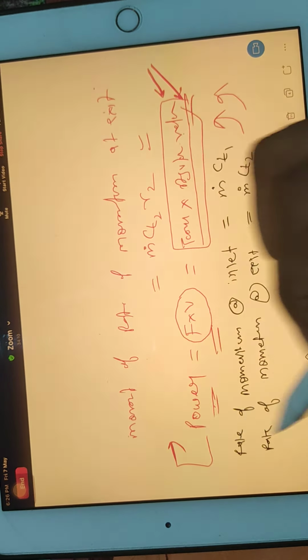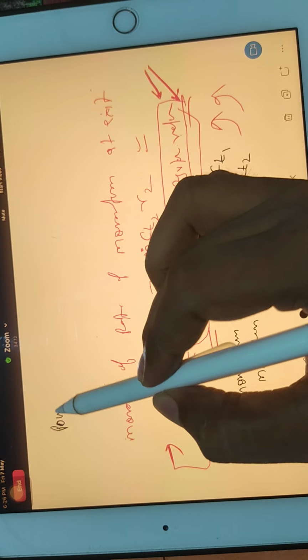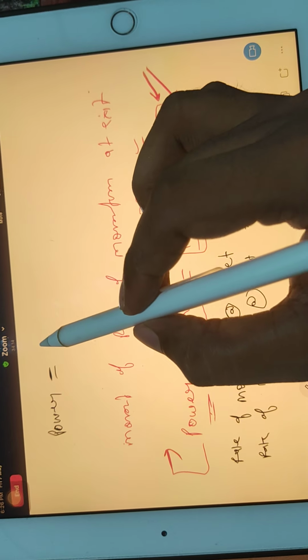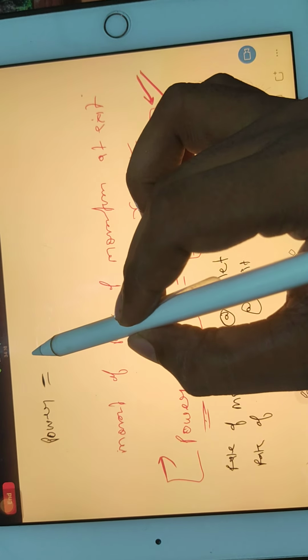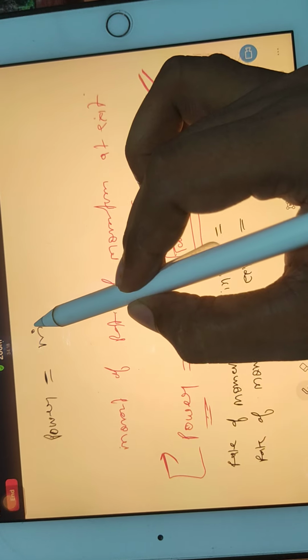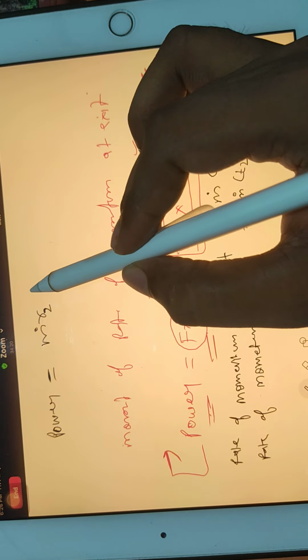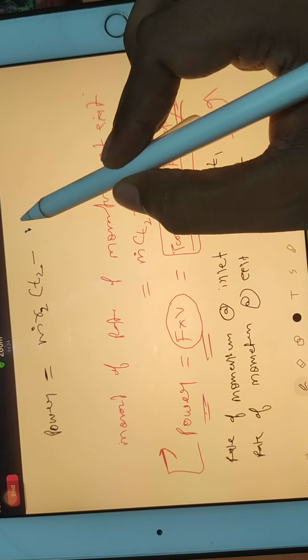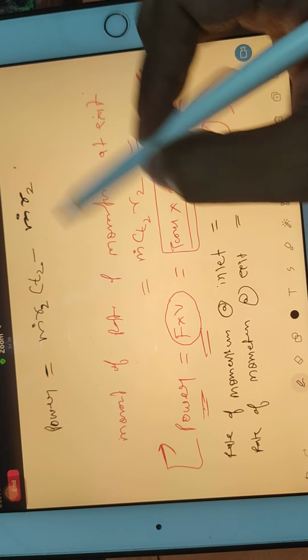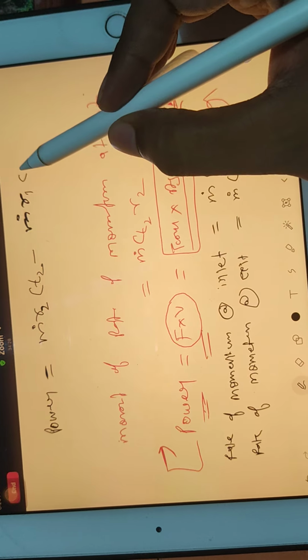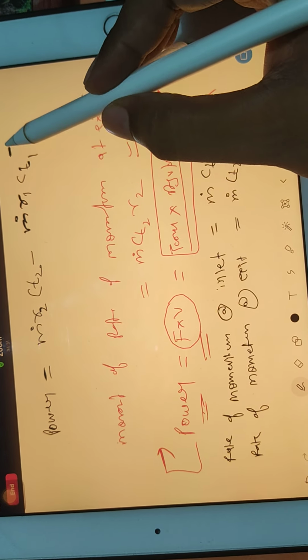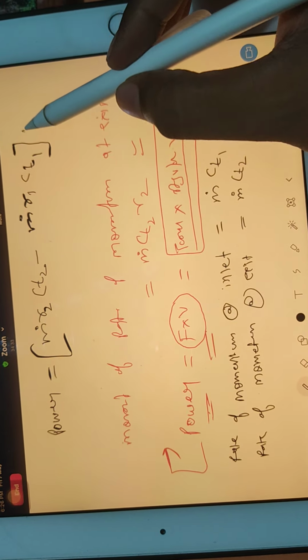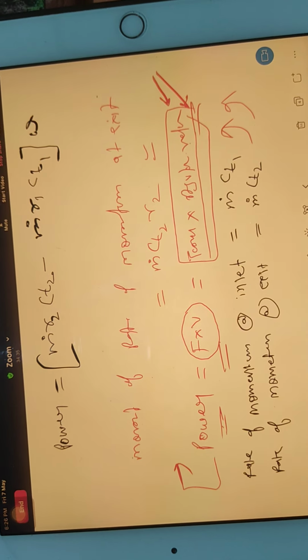So you can write power is equal to, very simple, m dot r2 ct2 minus m dot r1 ct1. Now this entire part you multiply with angular velocity omega.